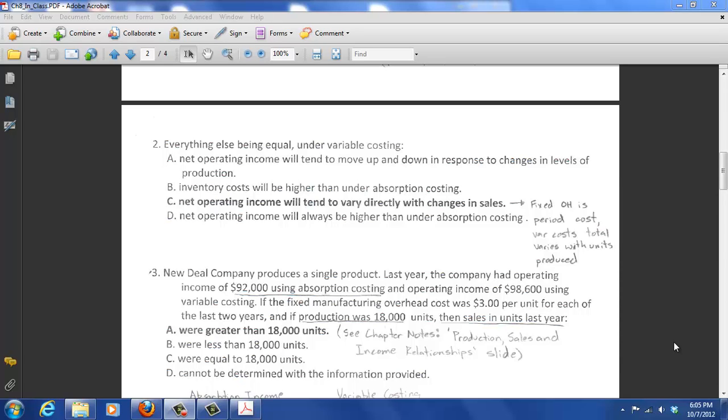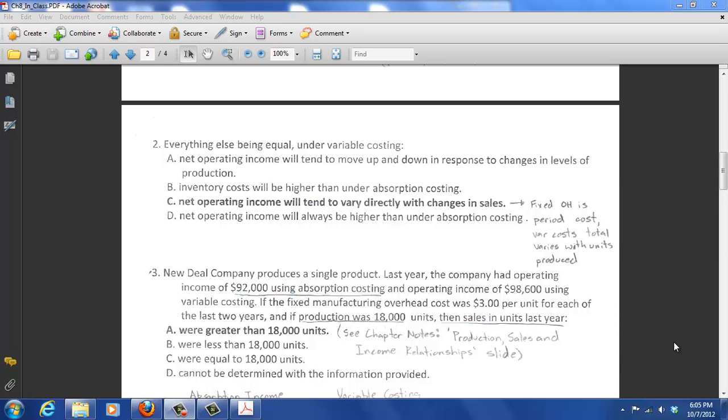So starting off with number 2, the question asks, everything else being equal under variable costing, which one of these will be true? And we know that the answer here is C. The net operating income will tend to vary directly with changes in sales.